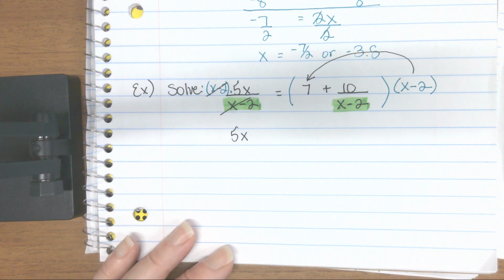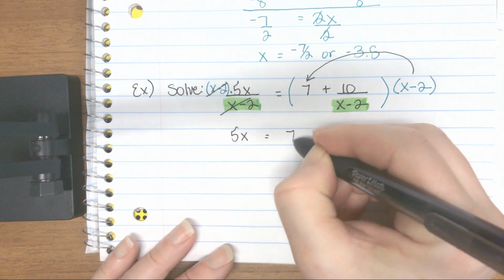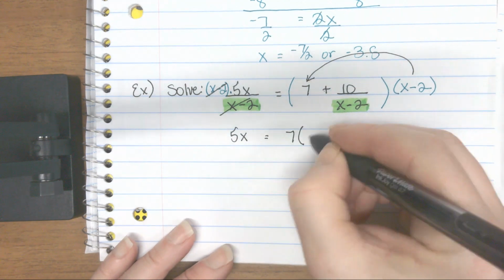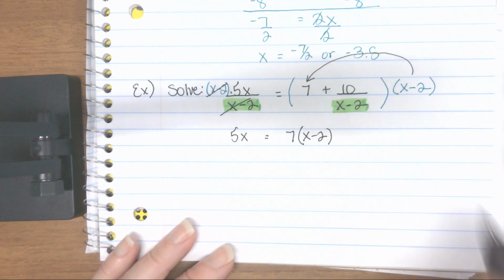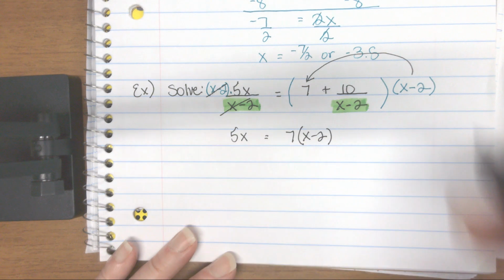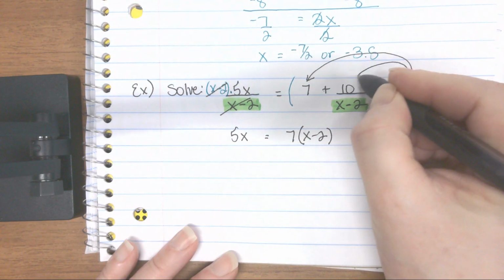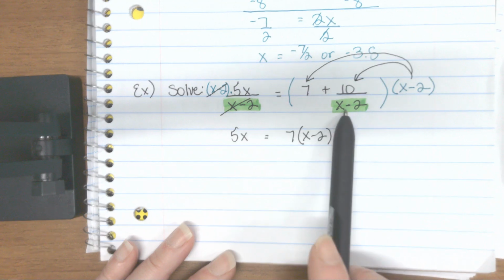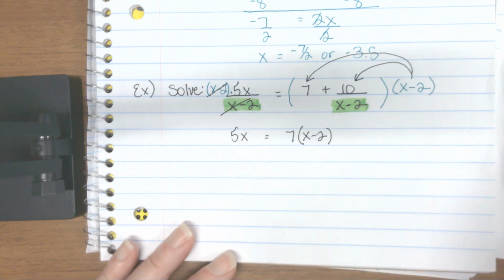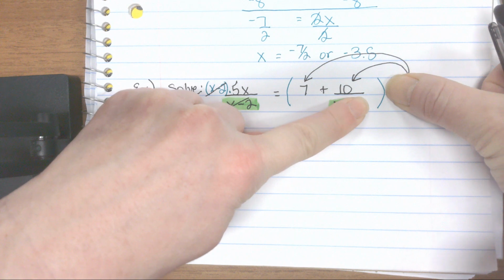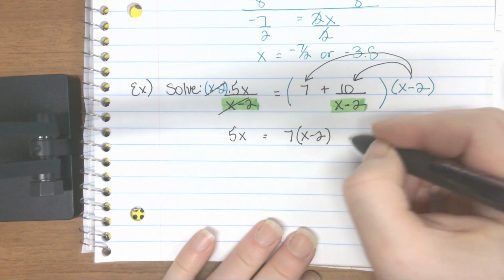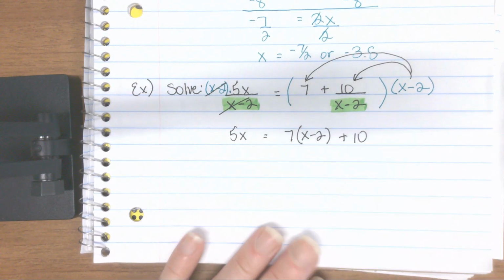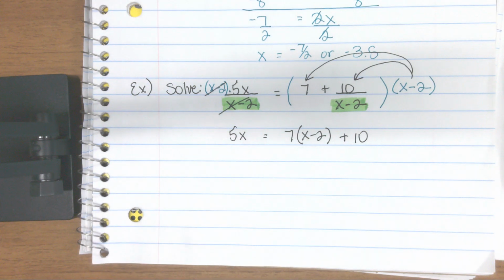So I am going to write out 7 times x minus 2. If I were multiplying x minus 2 times the second part of that side, there is something to cancel. Those x minus 2's cancel. See that? What's left then? Just the plus 10. Okay, would you go ahead and solve that equation?